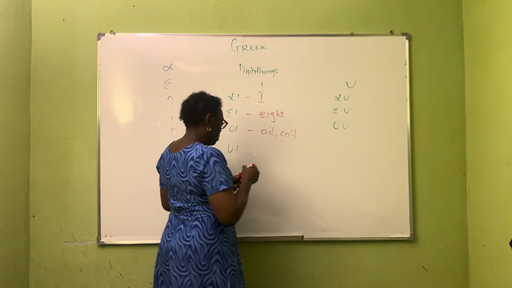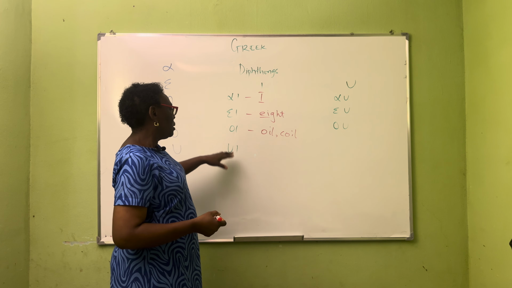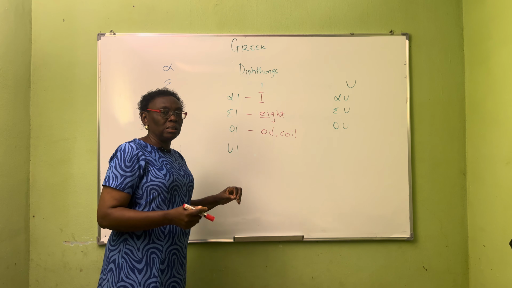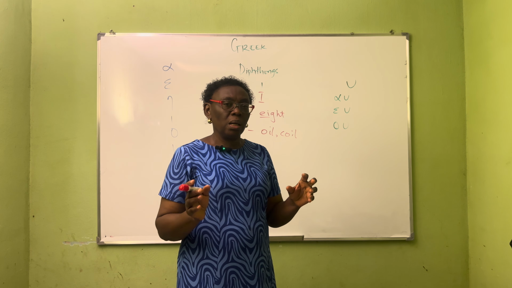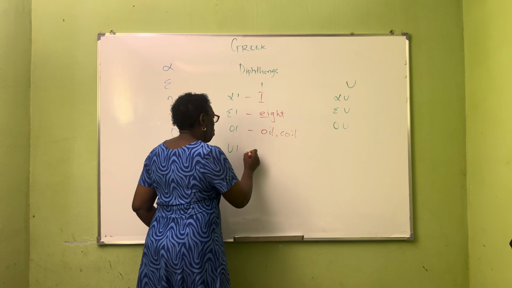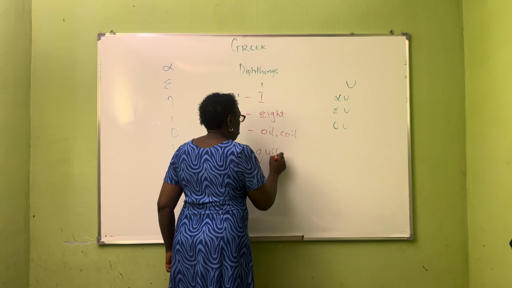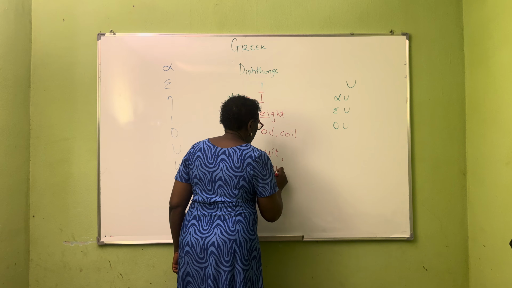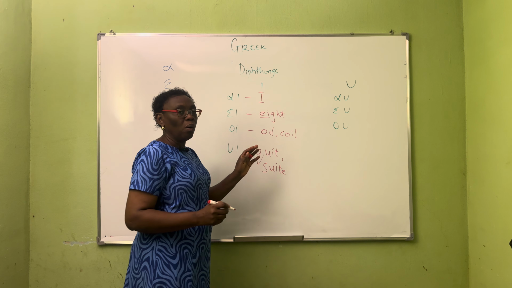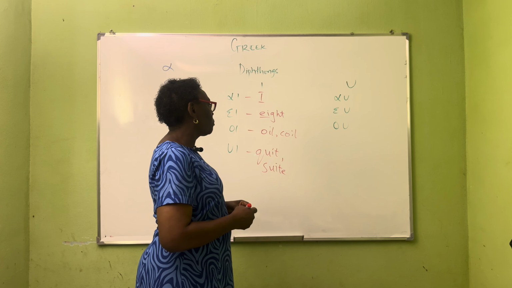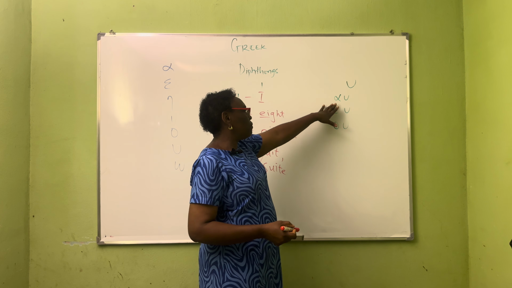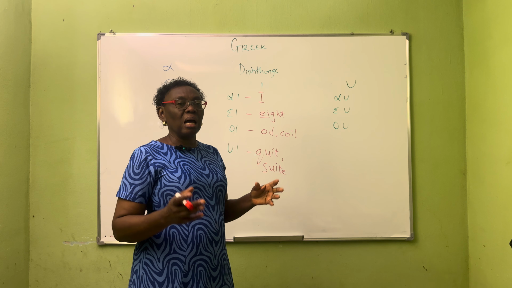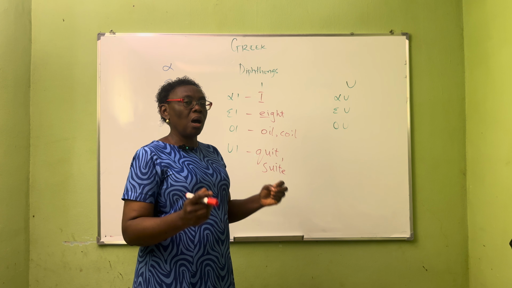Then we have upsilon and iota, as in w sound, so that you can say quit, or sweet. Sweet is w sound. Then we have alpha and upsilon, as in owl sound.